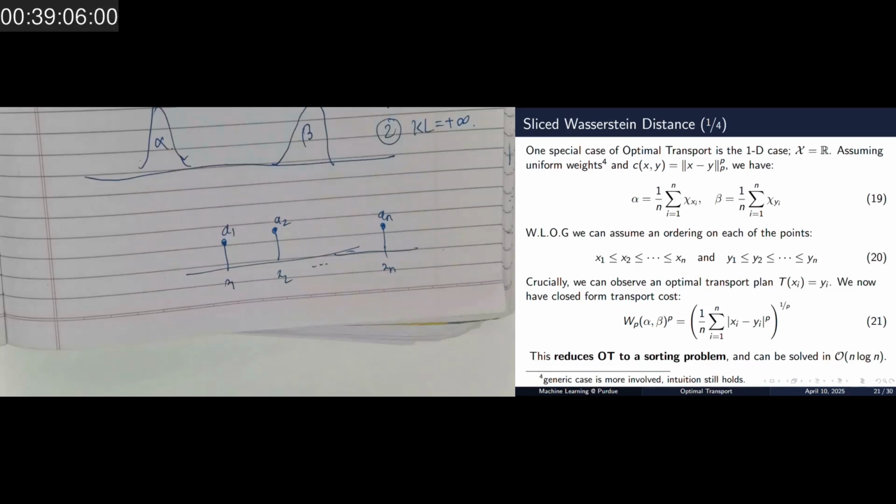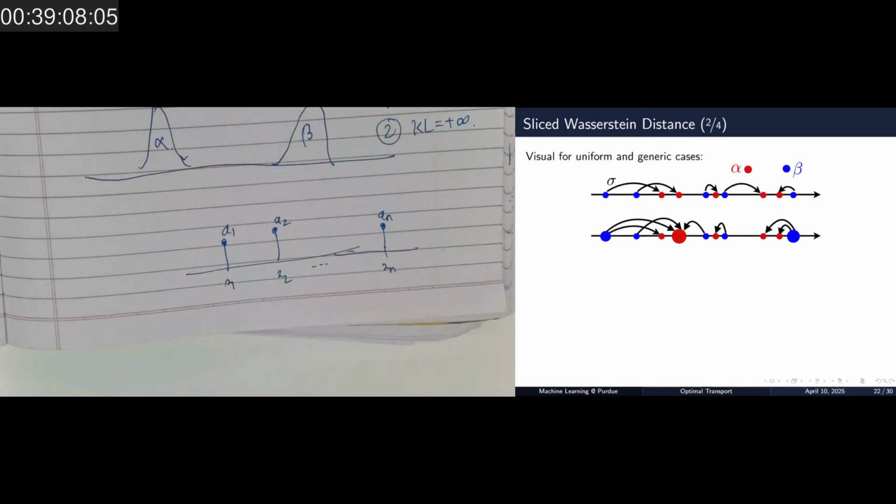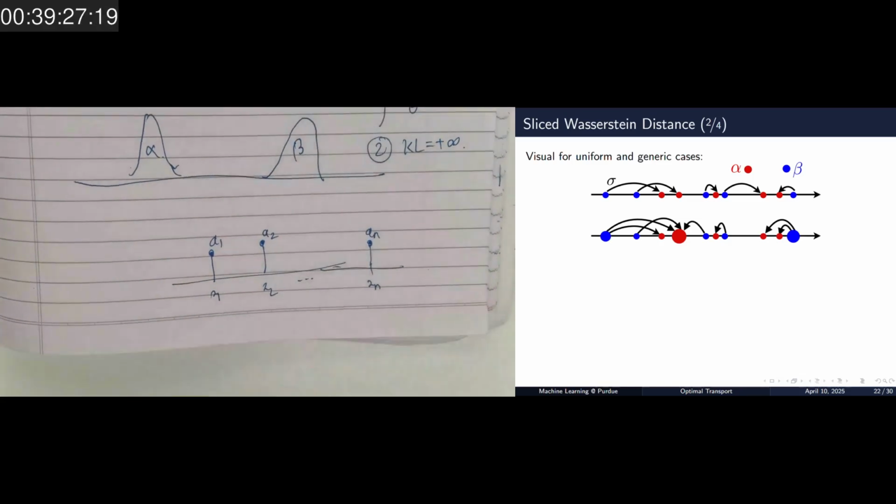Those are what are being sorted. You have a collection of points colored in red, which is your alpha measure, and a collection of points colored blue, which is your beta measure. You just sort them to get an ordering of the collection. So we sort them along the direction here in one dimension.